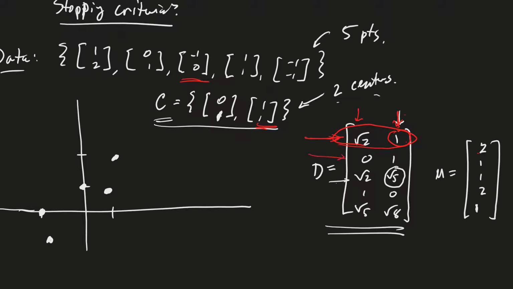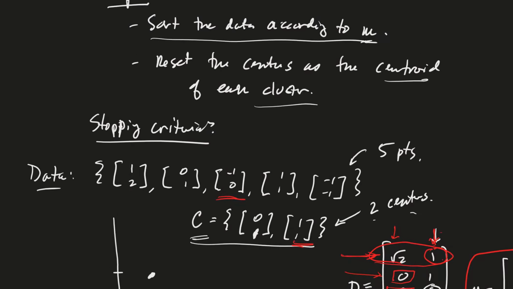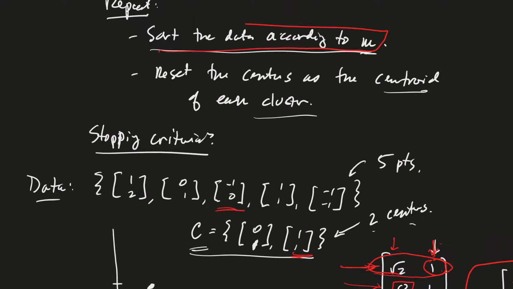Similarly, the second data point belongs to cluster 1. The third data point also belongs to cluster 1. The fourth belongs to cluster 2, and the fifth belongs to cluster 1. I've put those memberships into a vector over here. Now I've done the first step: I've sorted the data according to the distance function.